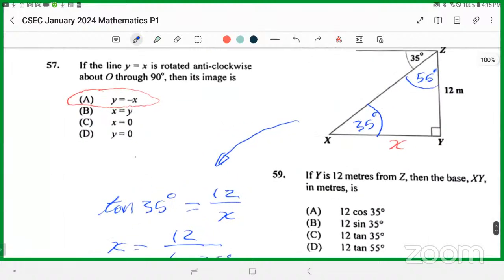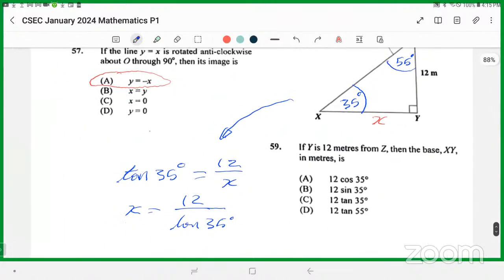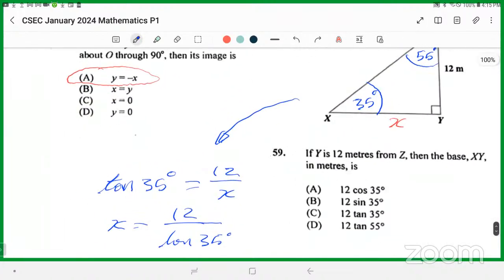So in that case, the tan of the 55 degrees will be equal to x over 12. This will become the opposite, and this will become the adjacent. All right.